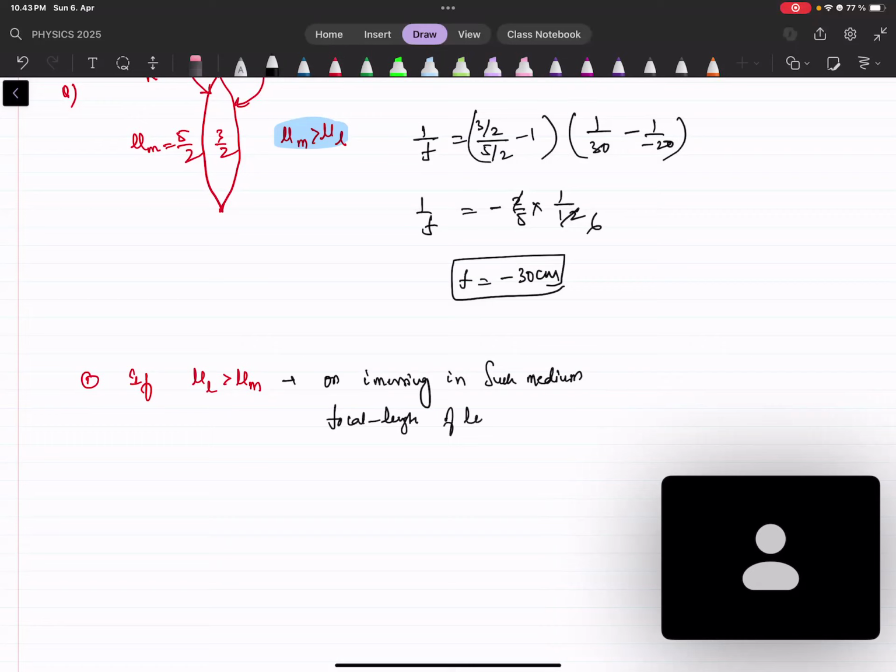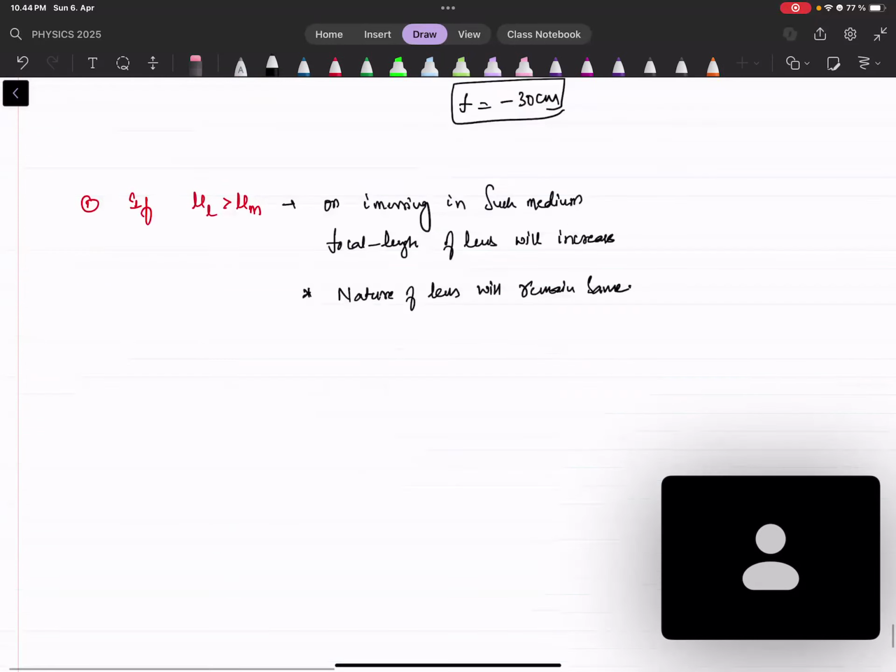And I can say that the nature of the lens will remain the same. That means if it is converging, it will remain converging. If it is diverging, it will remain diverging.